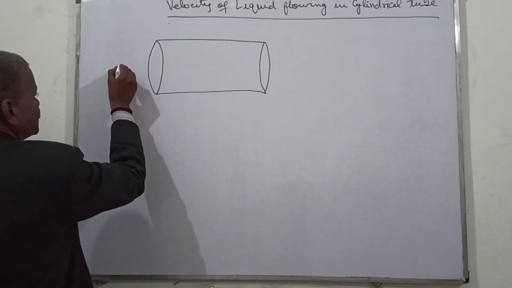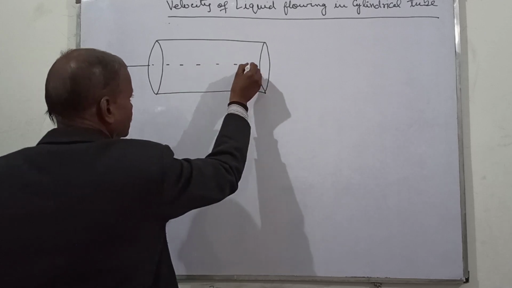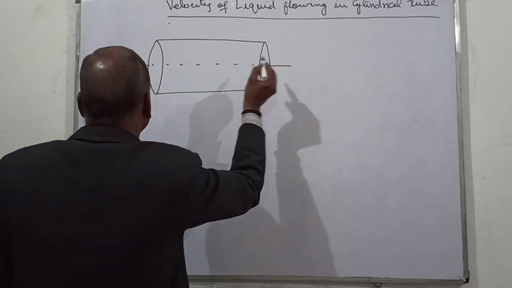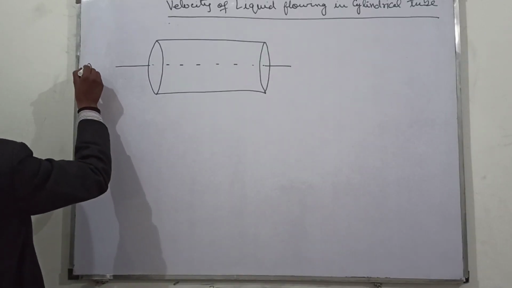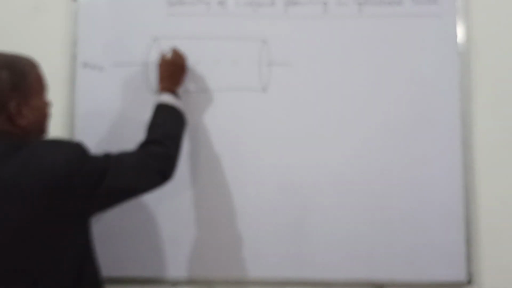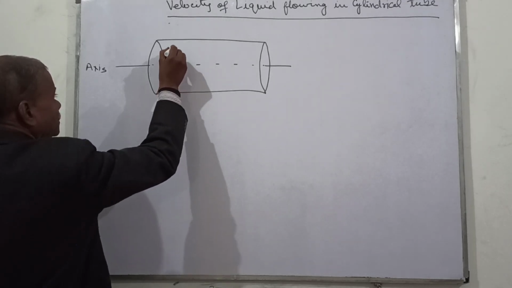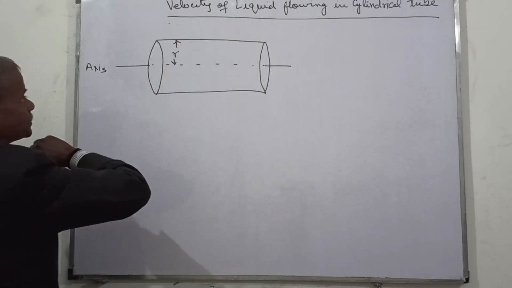This is the axis of the cylinder. This is now radius R, the radius.